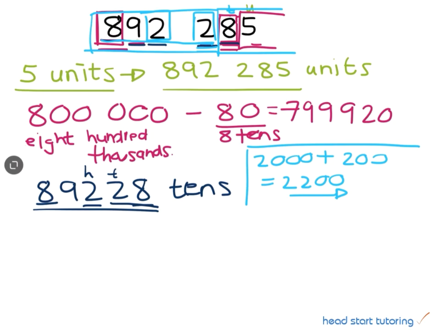So our tens and our units don't make up a full hundred, so therefore we don't include them in our answer. So how many hundreds are there in this number? There are 8,922 hundreds.